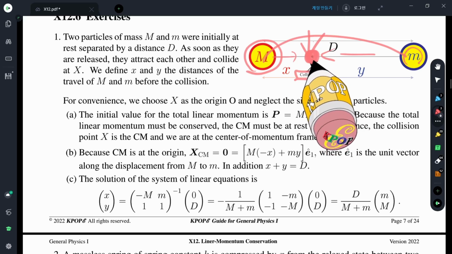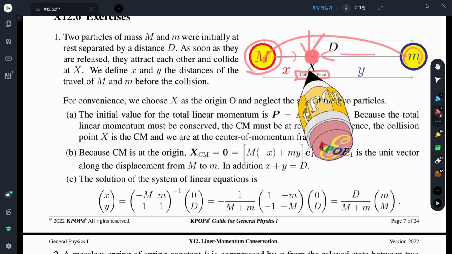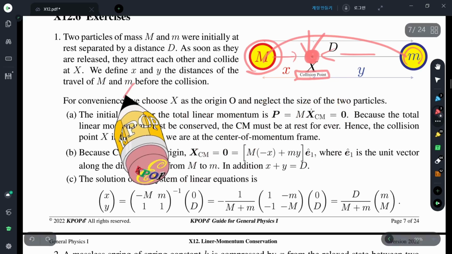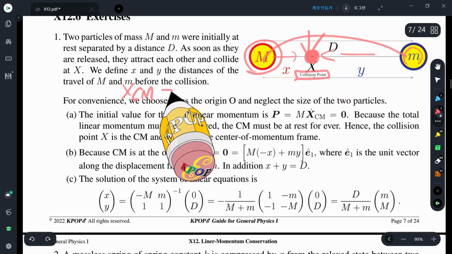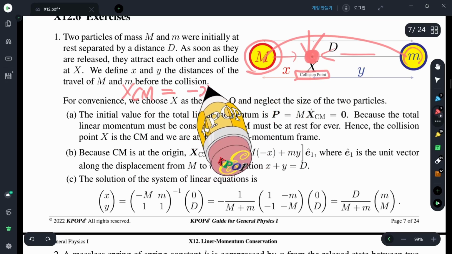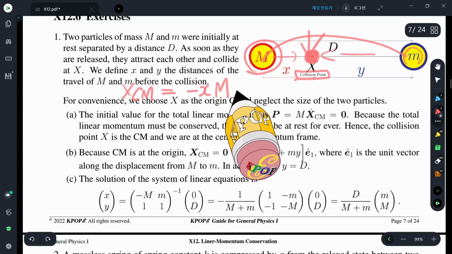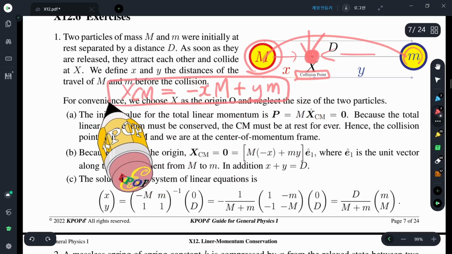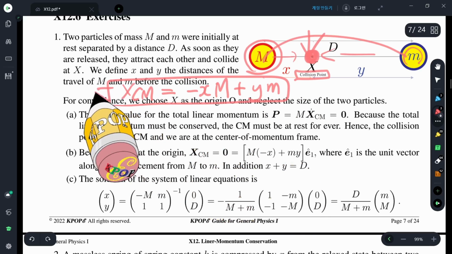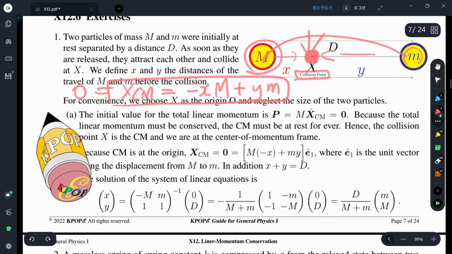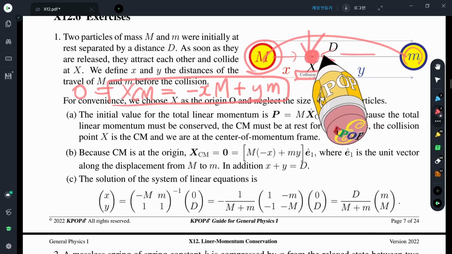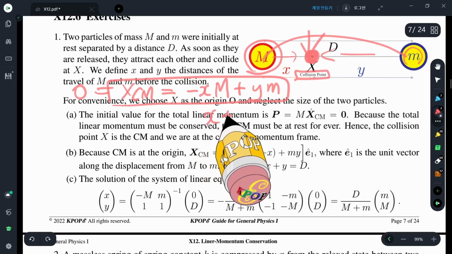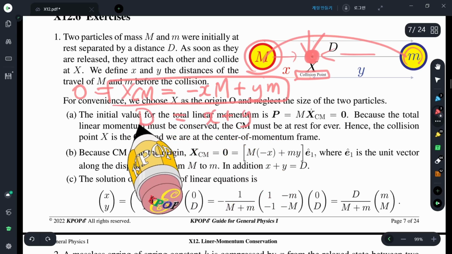If we write down the center of mass, x_cm, that is minus x capital M plus y small m. This is the coordinate of the center of mass, and we know this is 0. And then our initial condition is x plus y equals d.